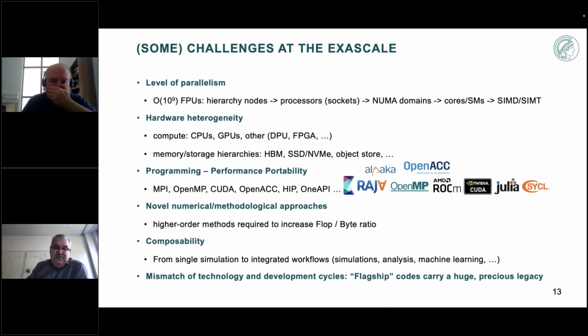We probably need novel numerical approaches. Composability is an issue. We need to go from single simulation to large-scale integrated workflows and think about the digital twin approach from the climate community. But we still have also a kind of a mismatch of technology and development cycles.